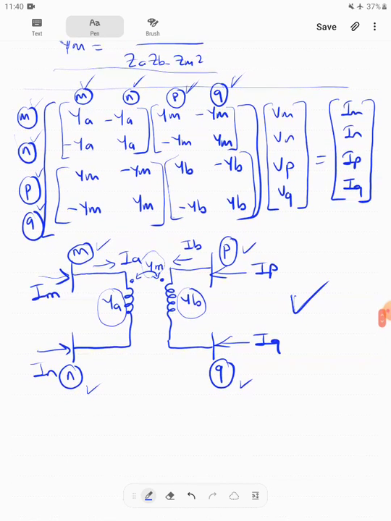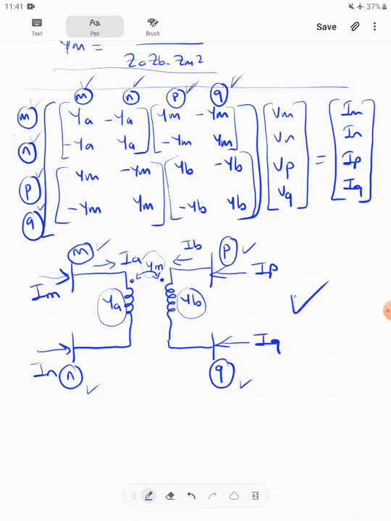Again, we see that YM is placed between these two transmission lines, and these two transmission lines in total are connected to four buses which are named M, N, P and Q. So all bus names are written in order to describe row names and column names.